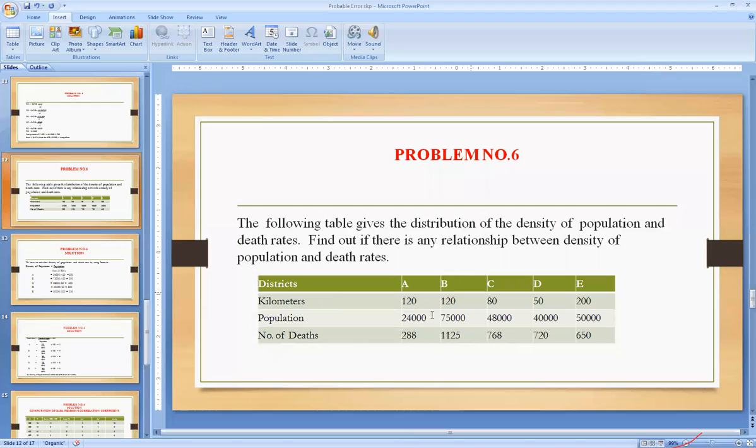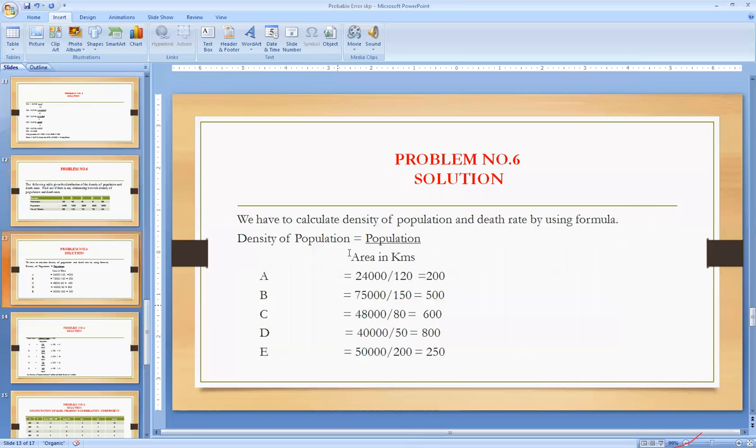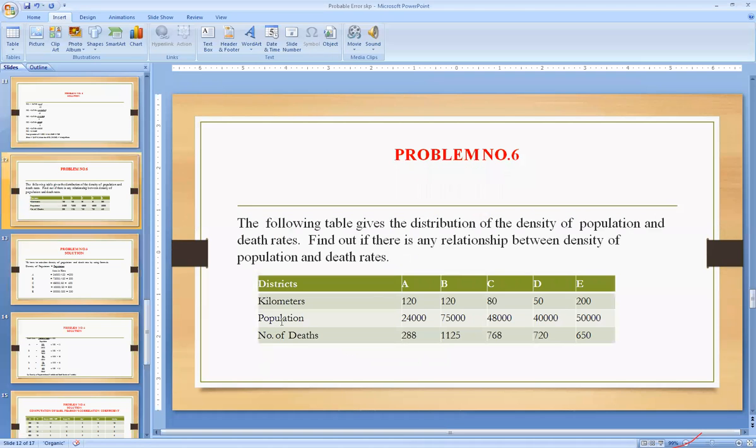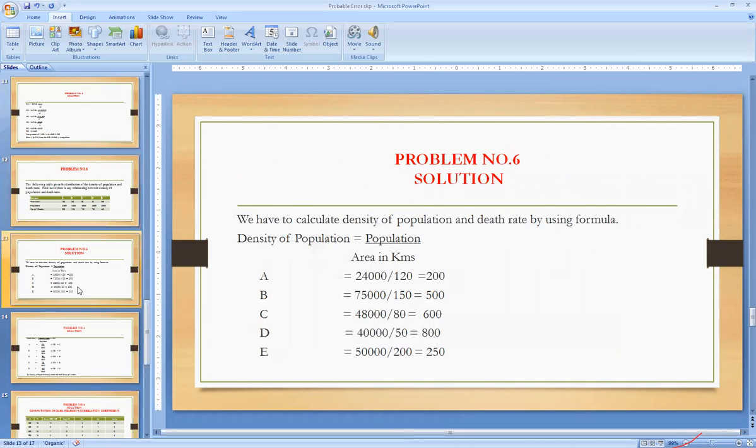The districts are given, then area in kilometers, population and number of deaths. First we have to calculate the density of population. The formula is population divided by area in kilometers. All the population values have to be divided by the kilometers according to the districts.